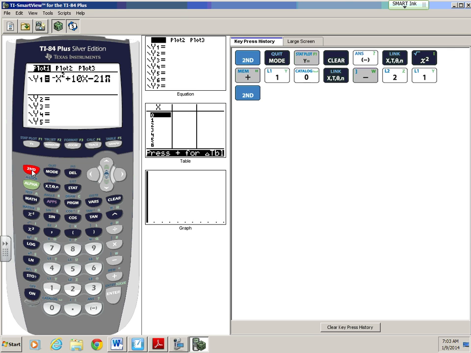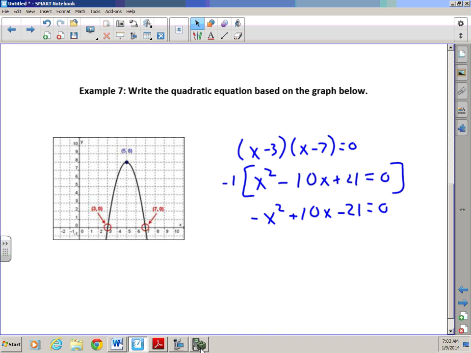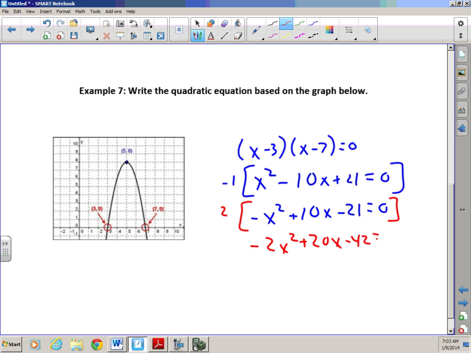And then I'm going to go second graph. And now if you look here, when x is 5, which is the axis of symmetry, y is 4, while they have 5, 8. So in order to make this work, I need to double these numbers so as to shift my graph.